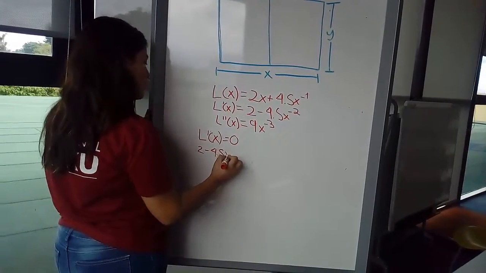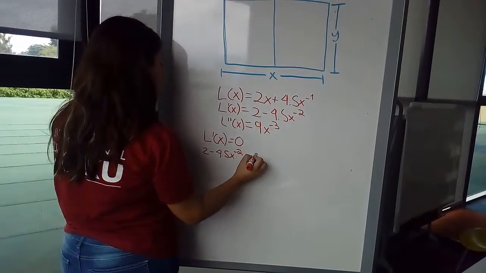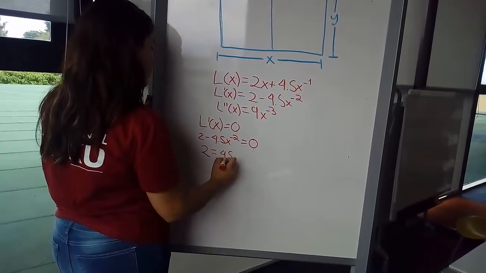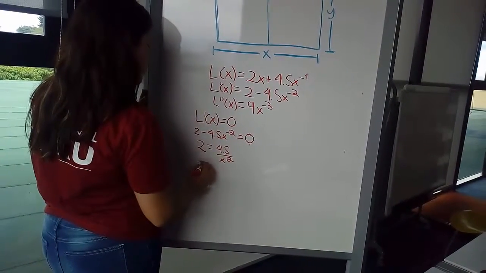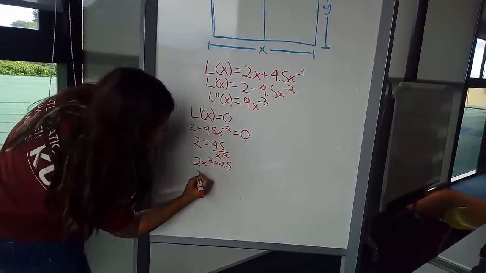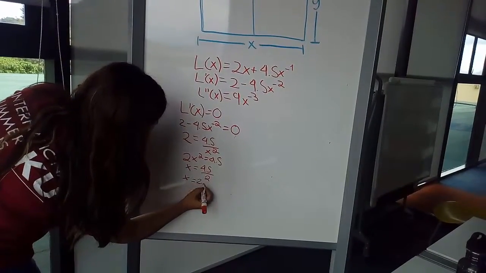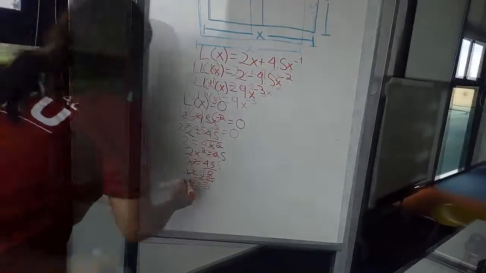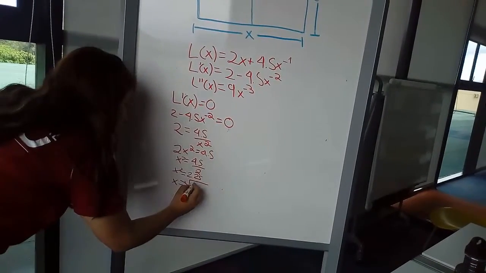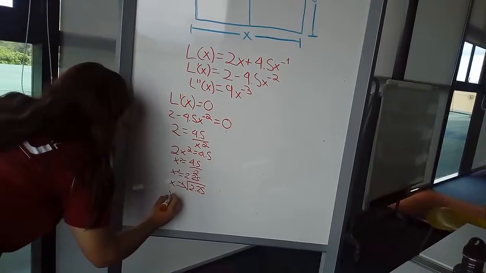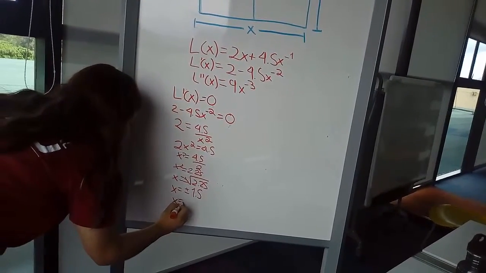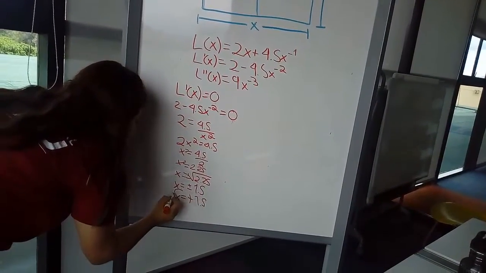So we get that 2 minus 4.5 times x to the minus 2 is equal to 0. 2 minus 4.5 divided by x squared is equal to 0. 2 is equal to 4.5 divided by x squared. 2 multiplied by x squared is equal to 4.5. x squared is equal to 4.5 divided by 2. x squared is equal to 2.25. x is equal to plus or minus the root of 2.25. x is equal to 1.5.